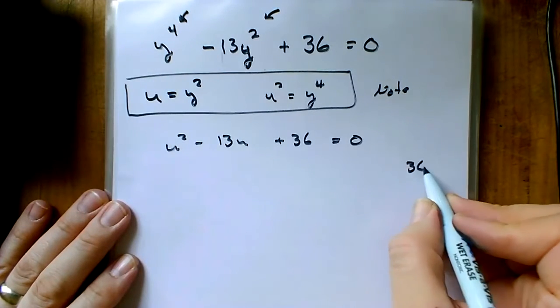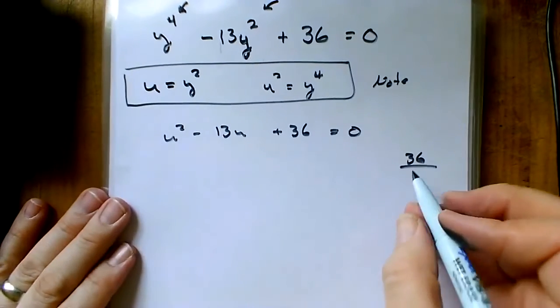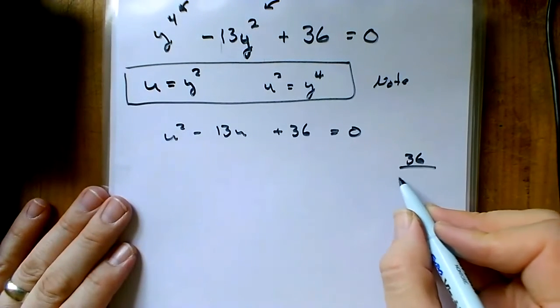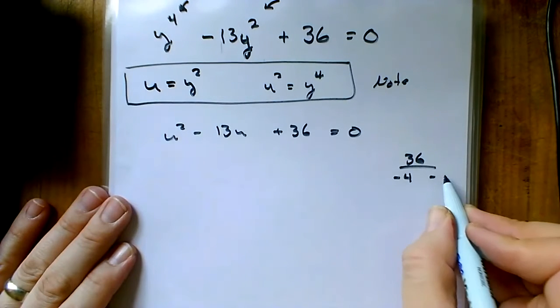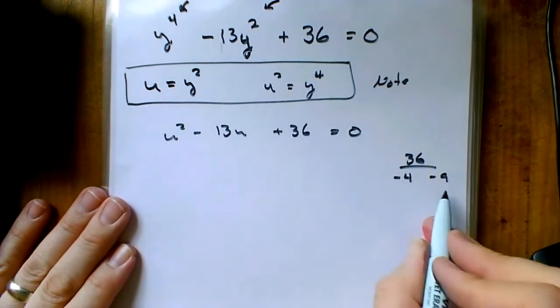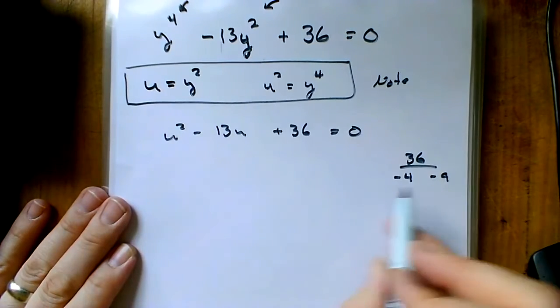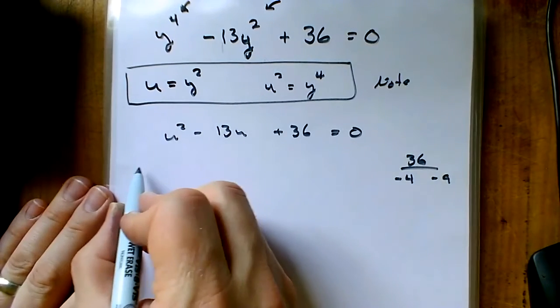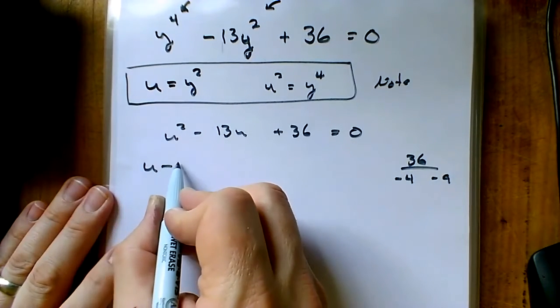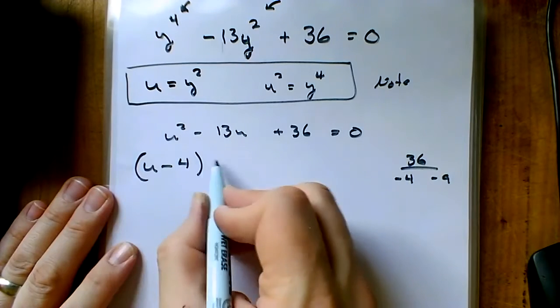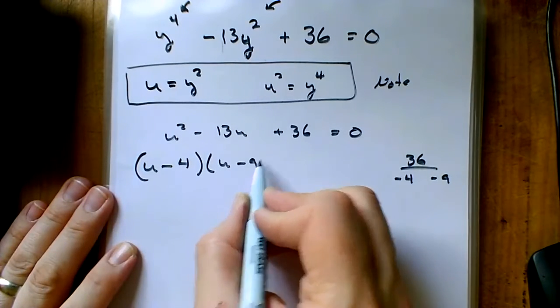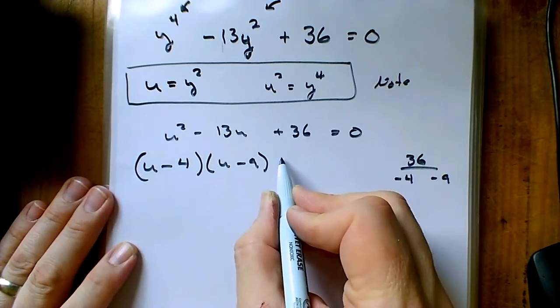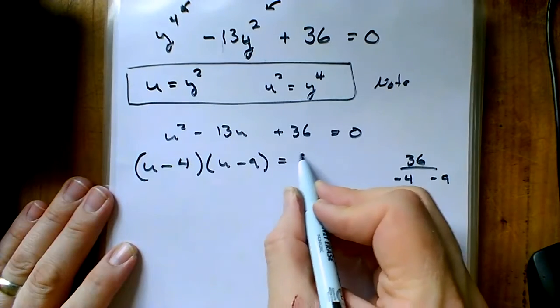And I've got a factor pair of 36 that adds up to be negative 13. And without being too dramatic about it, I'll say minus 4 and minus 9. Those would add together to be 13, multiply together to be 36. So this is going to be (u - 4)(u - 9) equals 0.